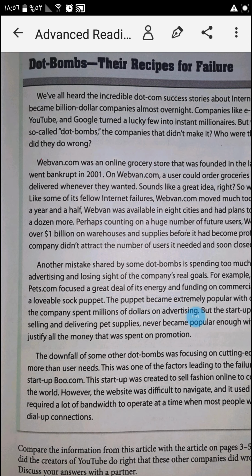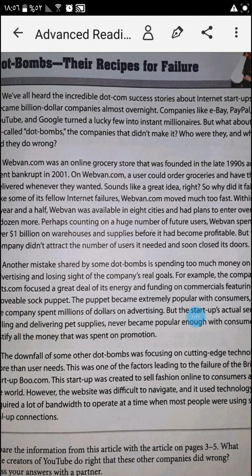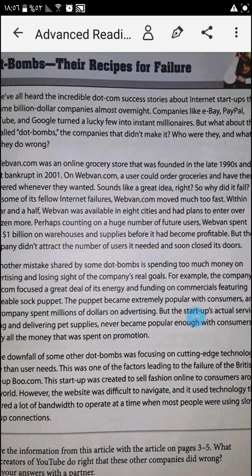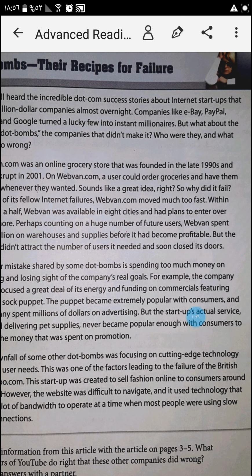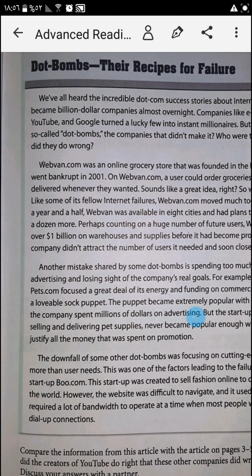So here we have, for example, Webvan. Webvan.com was an online grocery store that was founded in the late 90s and went bankrupt in 2001.